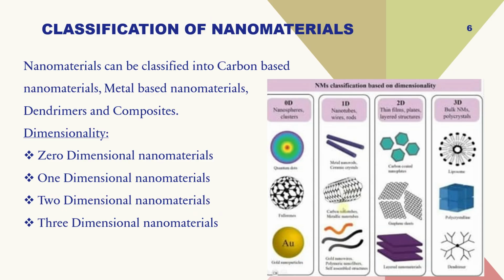Next, let us see the types of nanomaterial. The classification of nanomaterials, we can classify into two parts: naturally occurring nanomaterials and man-made nanomaterials. Naturally occurring nanomaterials, for example, forest fires, viruses, sea spray, proteins, volcanoes.